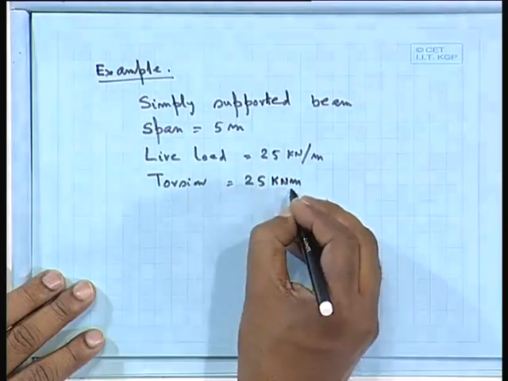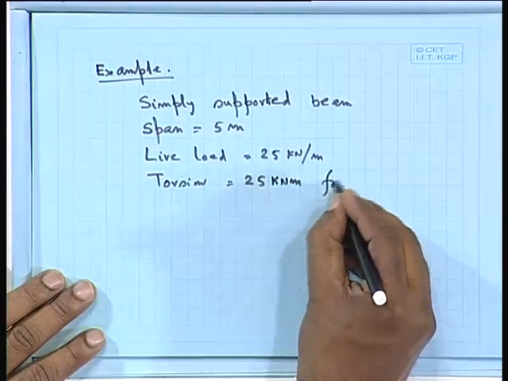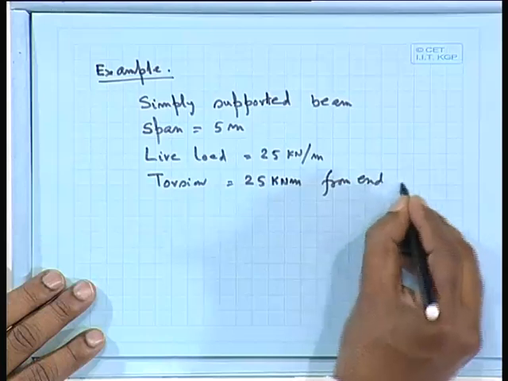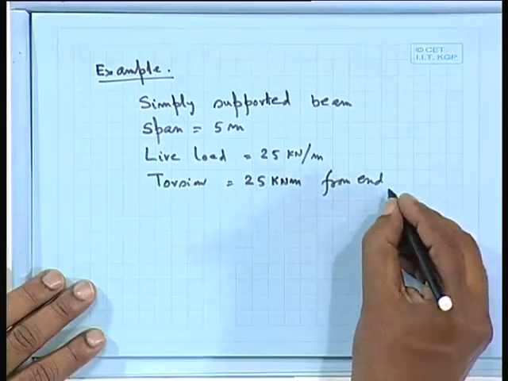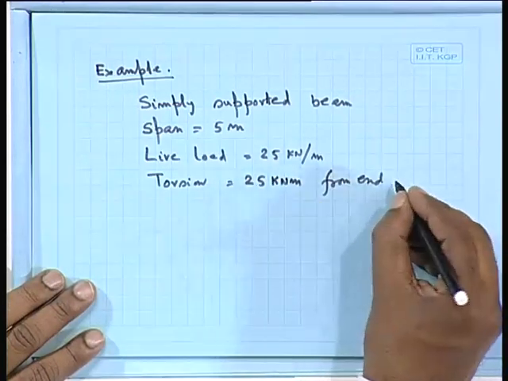Please note, 25 kilonewton meter from end to end. That means all along the beam this torsional moment is acting.